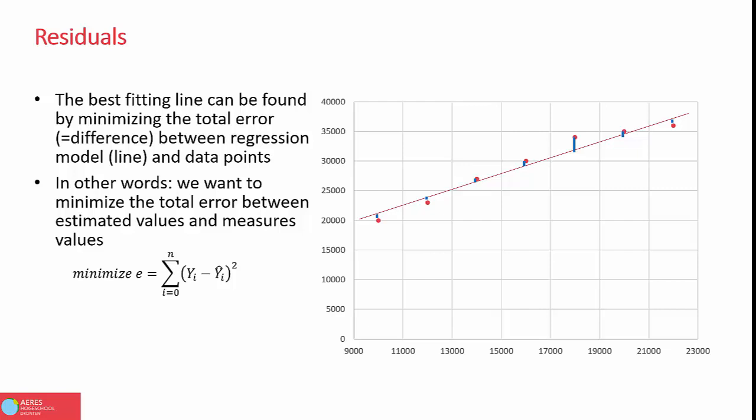And this is all captured within this formula. So what we see here is that the predicted value of y given measurement i and the actual value of the data point at position i, subtract them from each other so we find the difference. So that is what's happening here. So this is measurement 1.